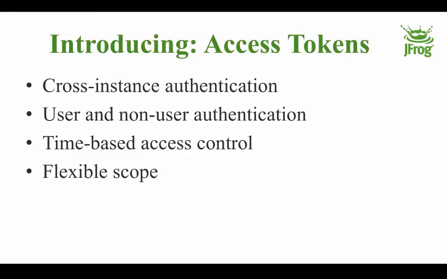For example, the CI server will have access only to CI-related jobs, build info publishing, and grabbing dependencies. So the idea is to have access tokens for users and non-users to have access onto your Artifactory instances that are part of your circle of trust.